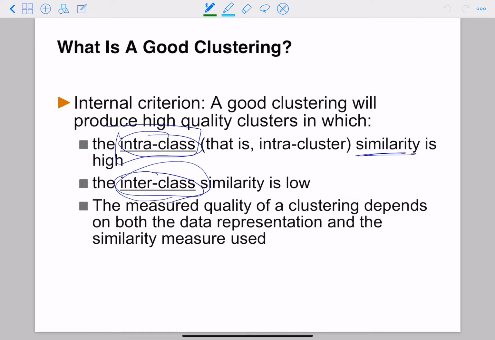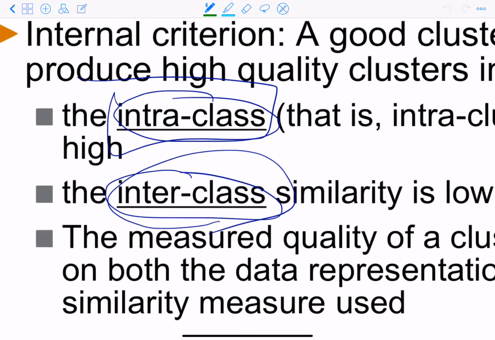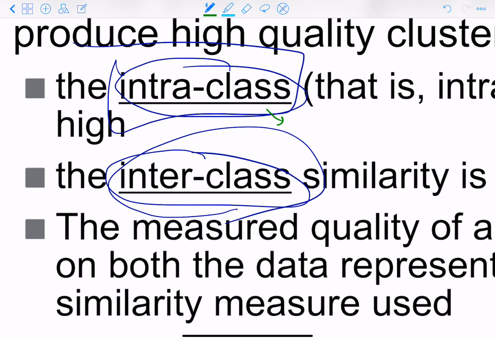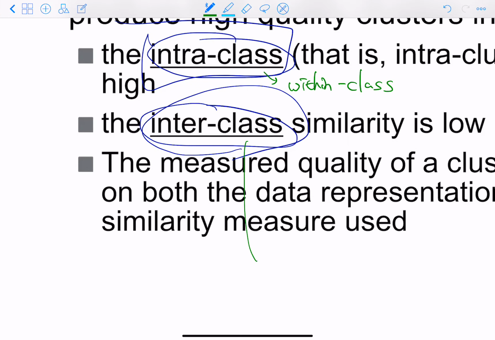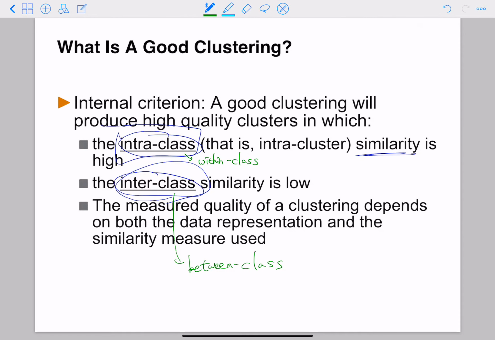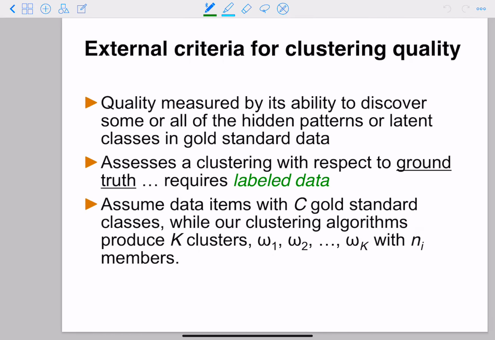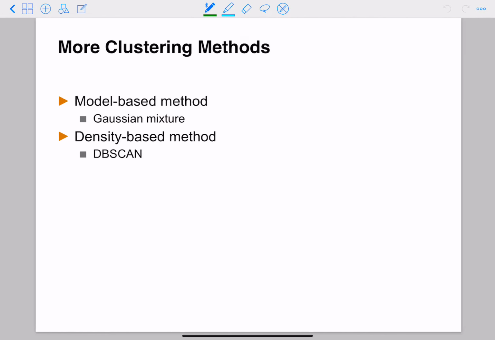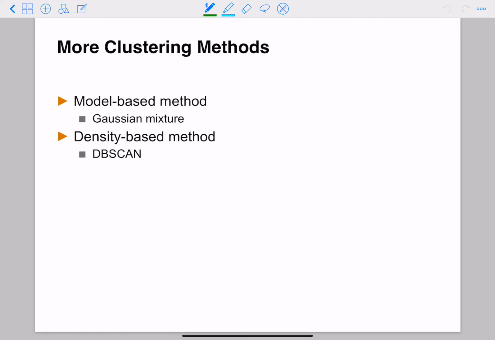Suppose you perform k-means or some other clustering algorithm, and then compute the ratio between intra versus inter, also called within-cluster versus between-class. So that was about the clustering measure.